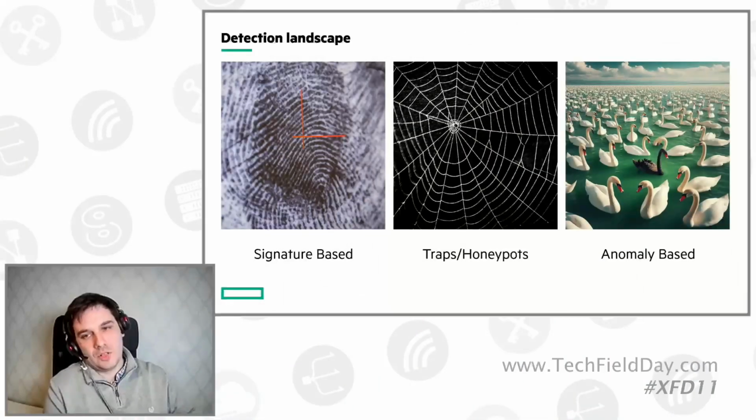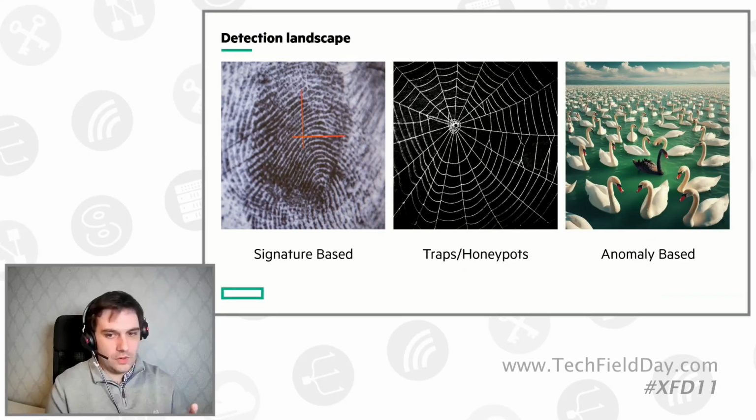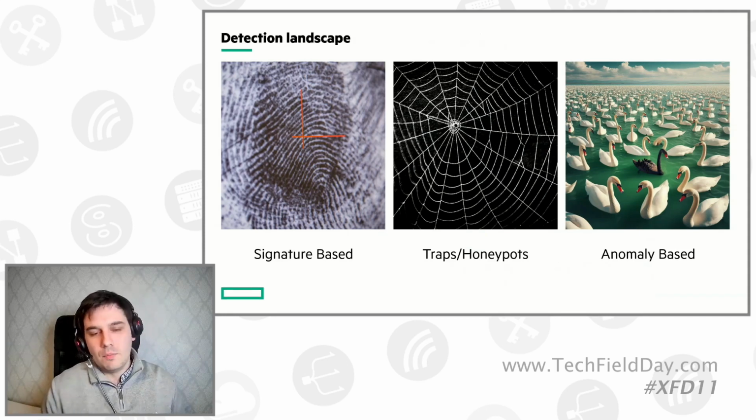So let's look at the detection landscape. Most people are going to know this, but for people who may not, there are three main types of detection in our space. Signature-based, using known signatures, those extension types, etc. Traps or honeypots, logging something when it comes into a safe, purpose-built space to say, hey, come and attack this and don't attack my production.